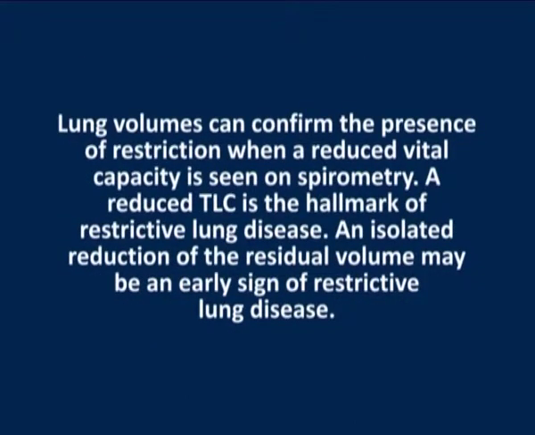Lung volumes can confirm the presence of restriction when a reduced vital capacity is seen on the spirometry. A reduced TLC is the hallmark of restrictive lung disease. An isolated reduction of the residual volume may be an early sign of restrictive lung disease.